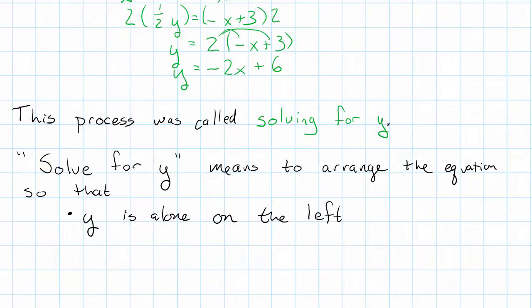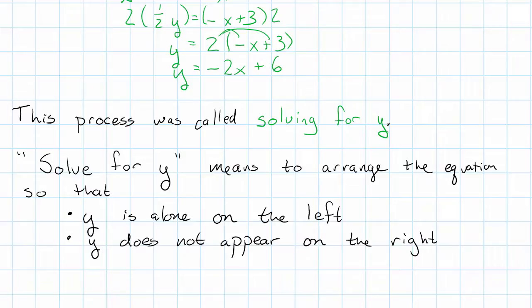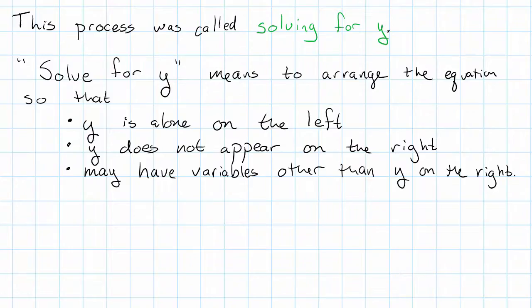Y is alone on the left-hand side, and y does not appear on the right-hand side. This process is exactly the same as the process of solving an equation in general, except that instead of just numbers on the right, you may have variables other than y.